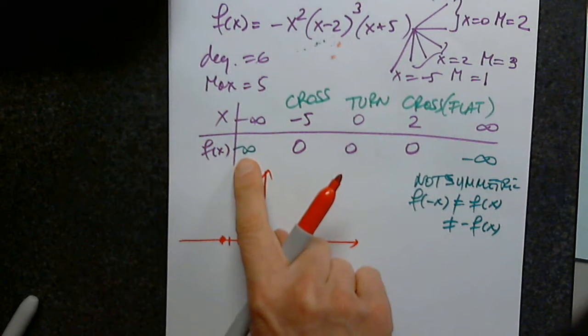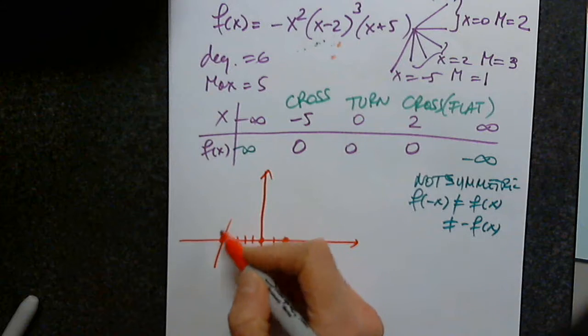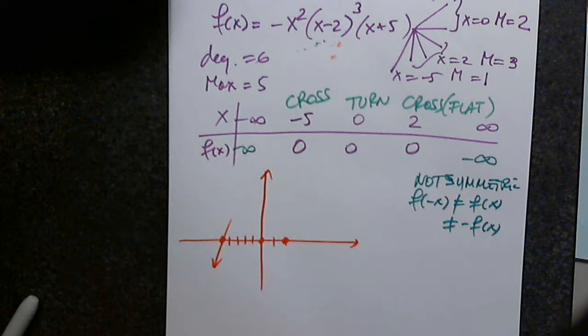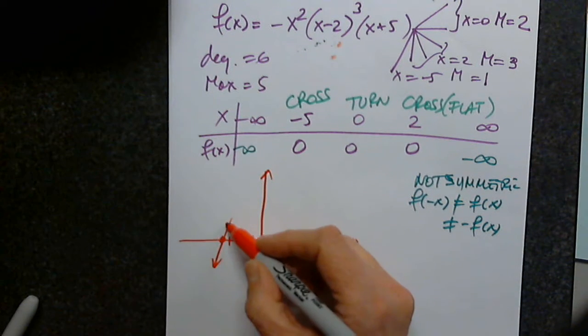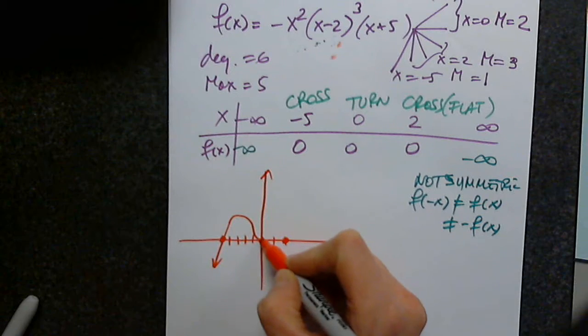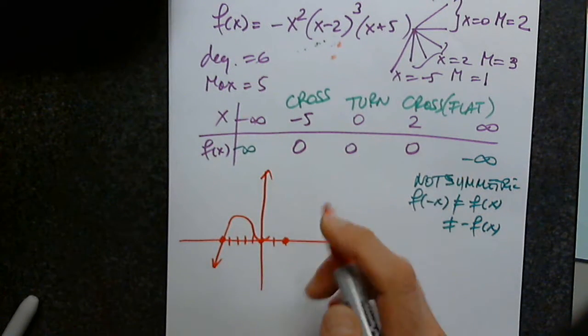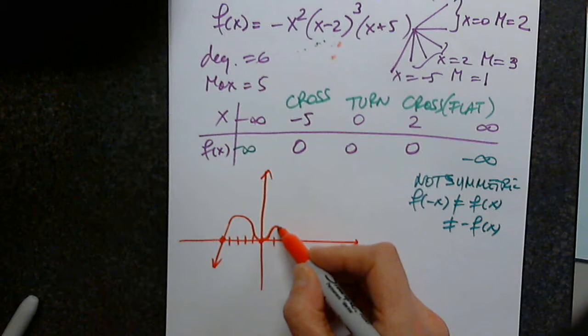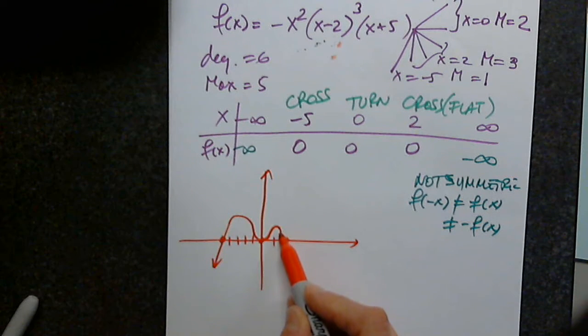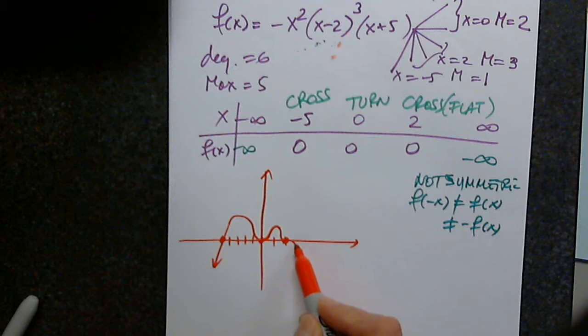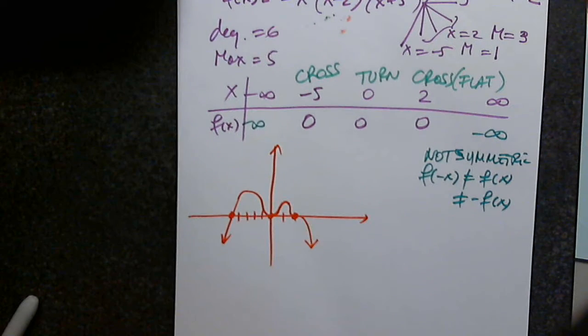My chart says from negative infinity cross normally. It has to have a turn because it has to come to a minimum and turn again to 0, 0. It has to come to a maximum again and then cross flat or slowly, whatever you want to call it. This is definitely the graph. No one can find anything else.